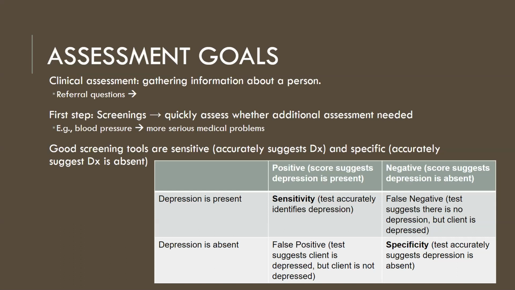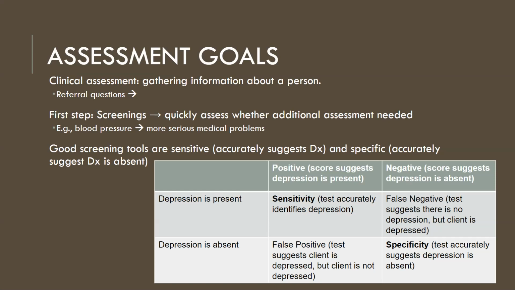A more medical example might be something like when you go to the doctor and you typically will have your blood pressure, your blood oxygenation, your heart rate, your respiration rate, your weight, things like that measured. These are screeners. If all of these things look good, then most typically a person won't proceed with additional assessment.